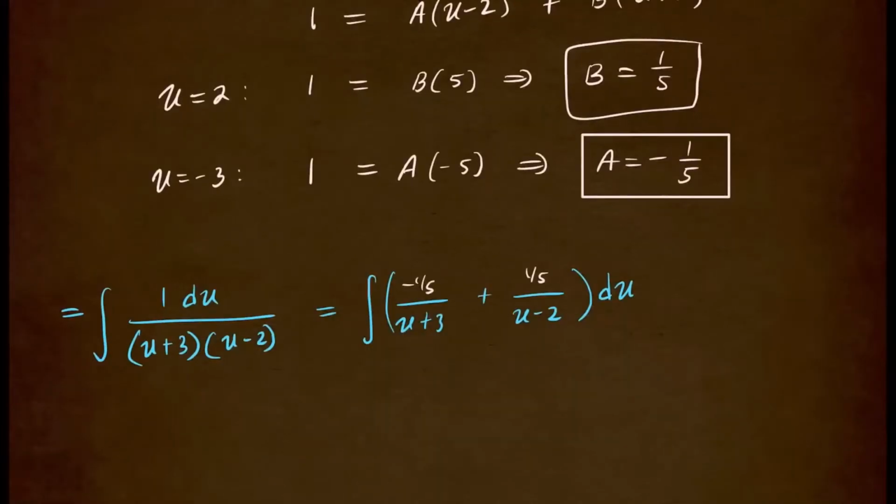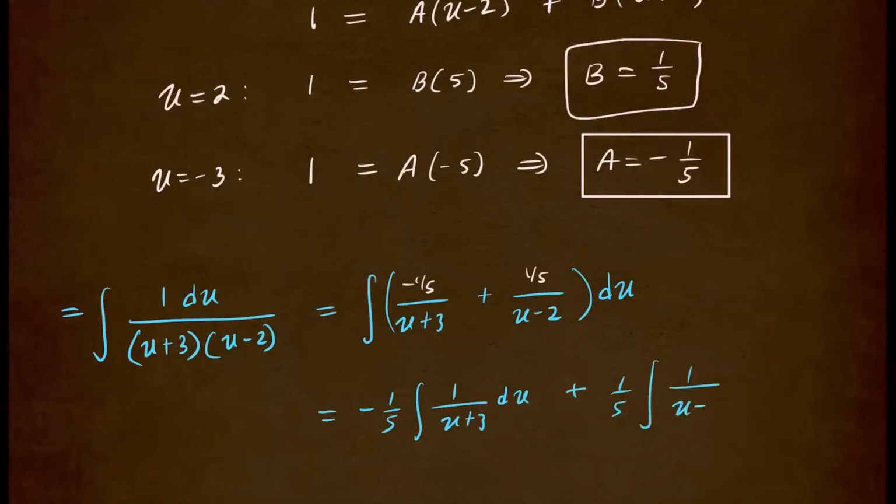And now integrate this. For the first one, you can pull out the constant negative 1/5, so you're really integrating 1 over u plus 3 du. And for the second one, I'll do the same thing. I'll pull out the 1/5. I'm integrating 1 over u minus 2 du.